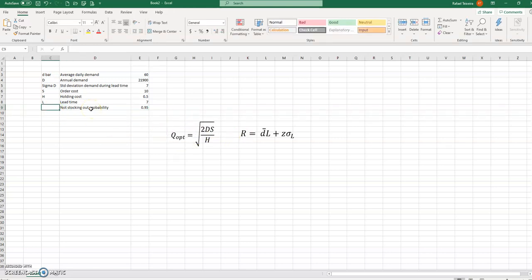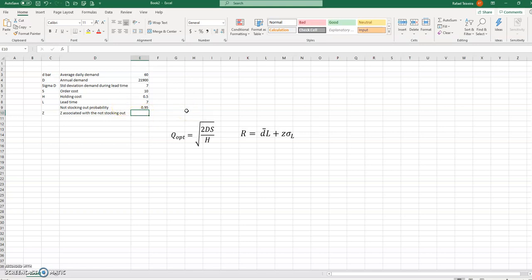Okay, and then I'm going to have a z, which is the z value associated with the not stocking out probability. So this is our z. This is something new that I want to show you.